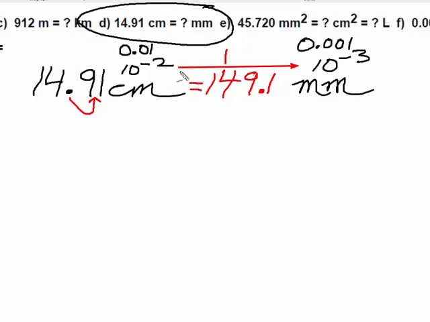Decimal place will go to the right. How many places? Place value of the target unit, millimeters, 10 to the minus 3, or thousandths of a meter. Difference in the exponents of the place values is 1. Decimal place goes 1 place to the right. 14.91 centimeters is 149.1 millimeters.